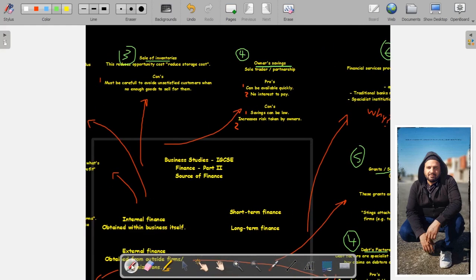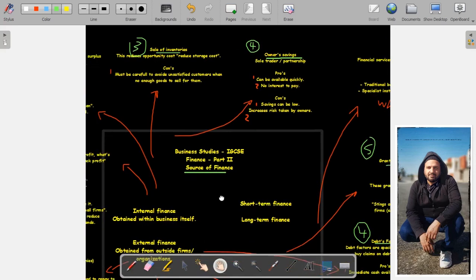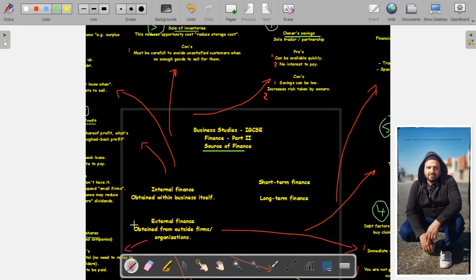Okay guys, this is about this topic. In this topic, we talked about the sources of finance, but we focused on two things: the internal finance and the external finance. In part three, I'm going to talk about short term and long term finance.